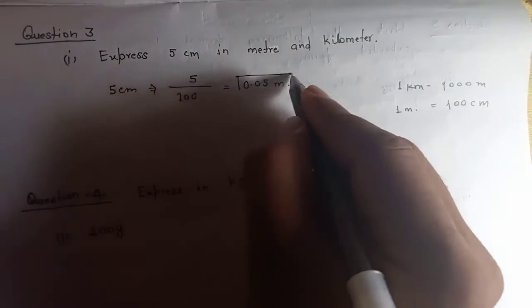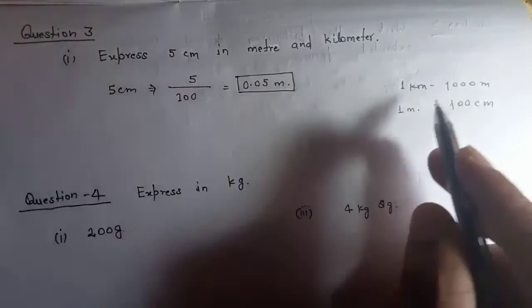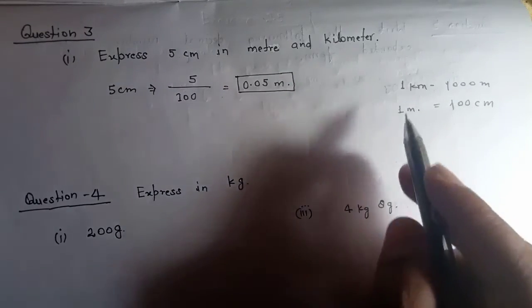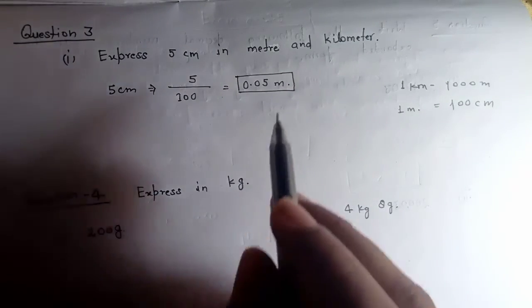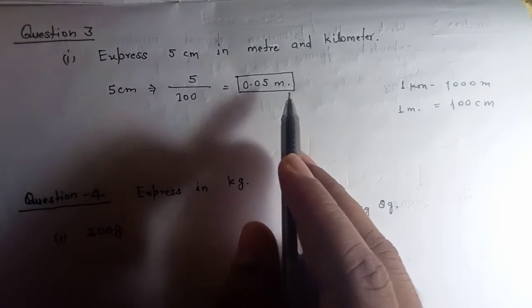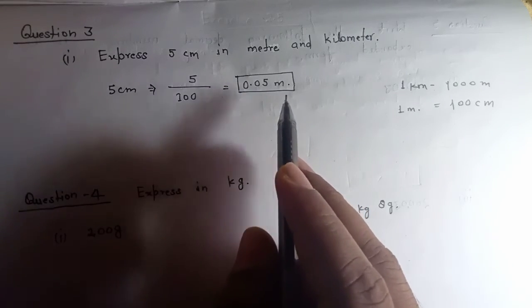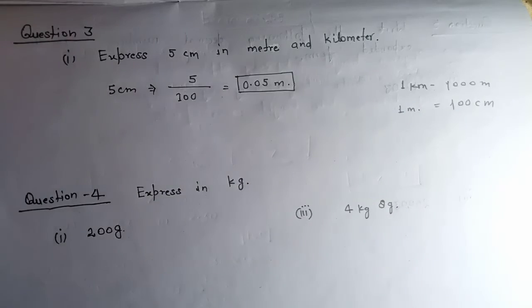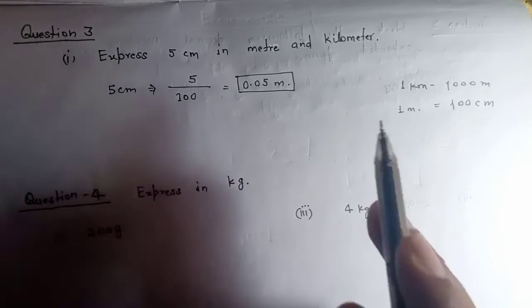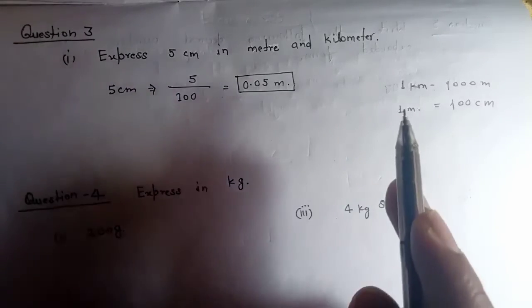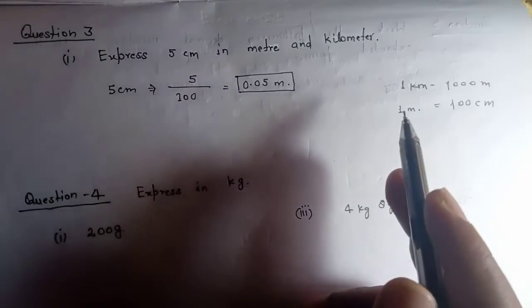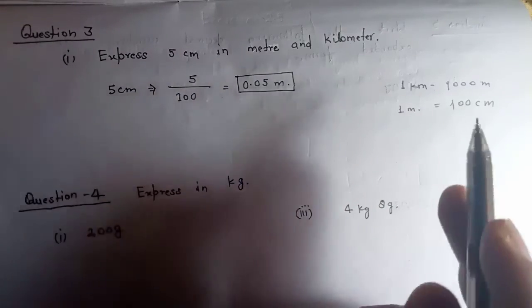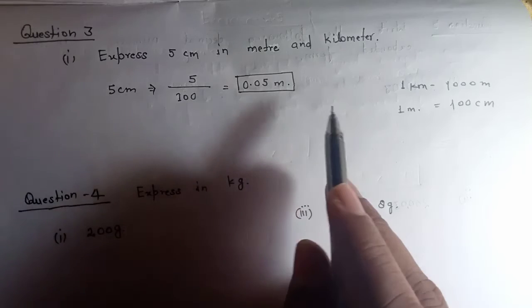And now kilometer. There are 1000 meter in 1 kilometer. So when you want to convert meter into kilometer, you know that 1 meter is one part of 1000 parts of a kilometer. To convert meter into kilometer, you have to divide the meter by 1000.